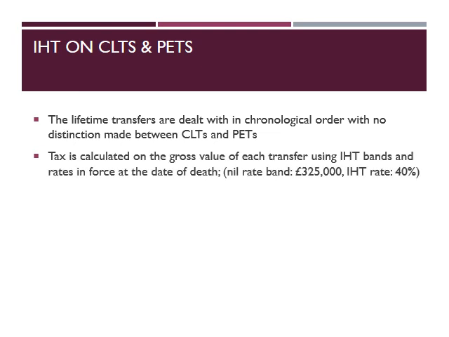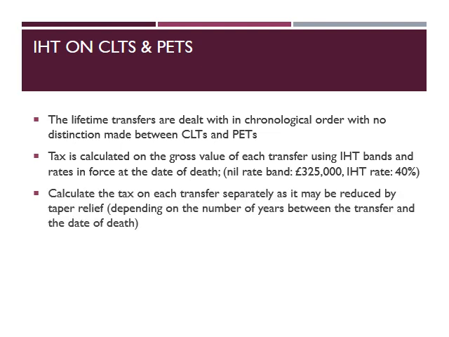And we calculate the tax on the gross value of each transfer using the inheritance tax bands and tax rates in force at the date of death. So in 2016-17 we had a nil rate band of 325,000 and the inheritance tax rate was 40%. We calculate the tax on each transfer separately because it might then be reduced by taper relief.